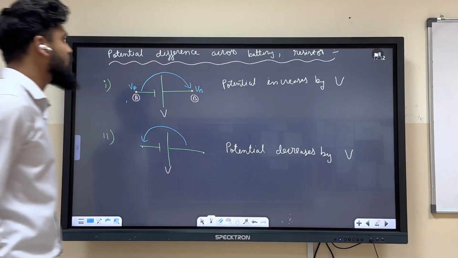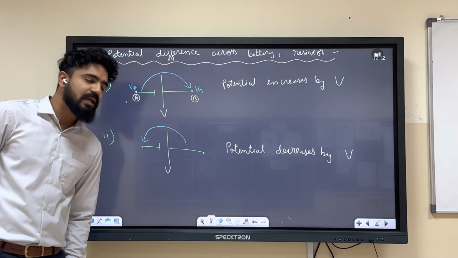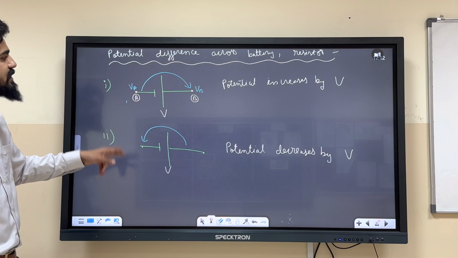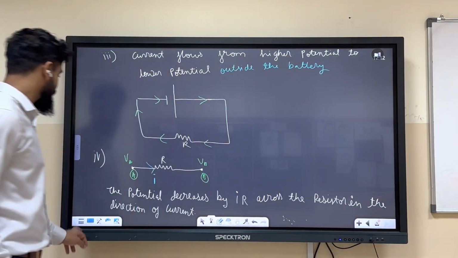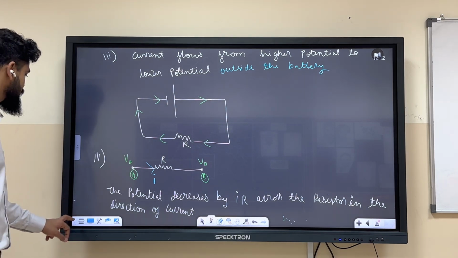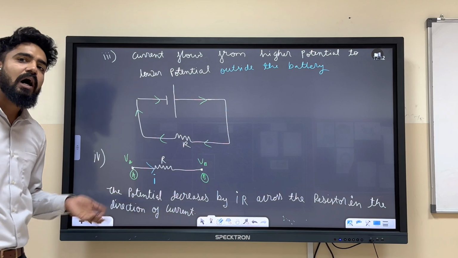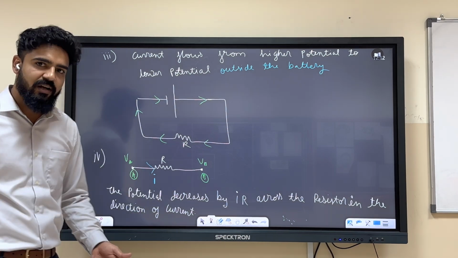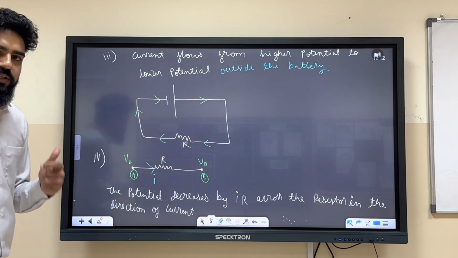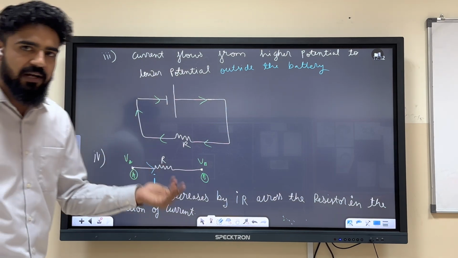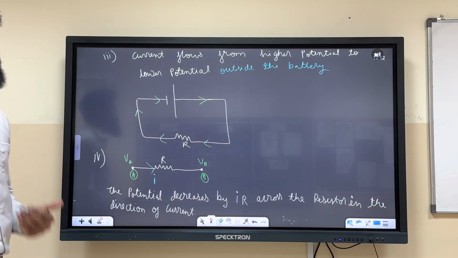If we are moving across the battery, if we are moving like this, potential increases by V. Over here, if we are moving like this, potential will decrease by V. Okay, now current always flows from higher potential to lower potential outside the battery, we all know. Okay, and if we want to calculate the potential difference across the resistor, it will be IR. So potential will decrease by IR in the direction of current.